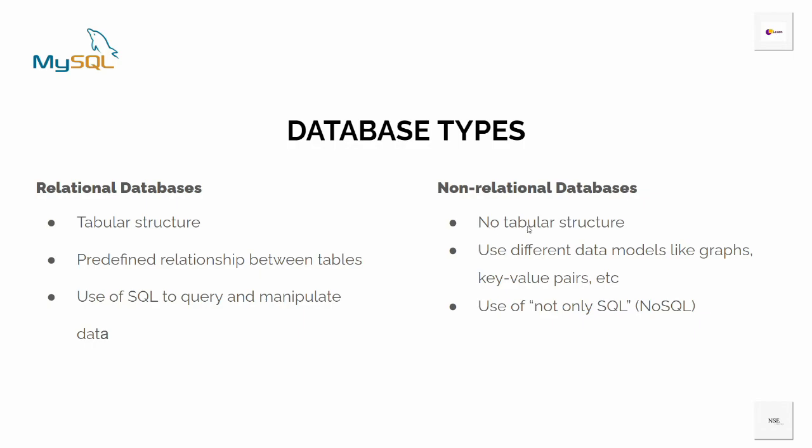They use any other data structure such as graphs, key value pairs, etc. They also use NoSQL for data manipulation. NoSQL stands for "not only SQL". So simply put, you can say that databases that use tables are known as relational databases, whereas databases that do not use tables are called non-relational databases.